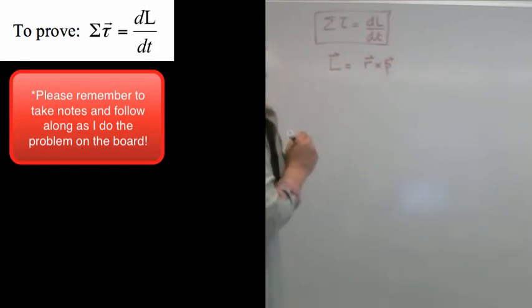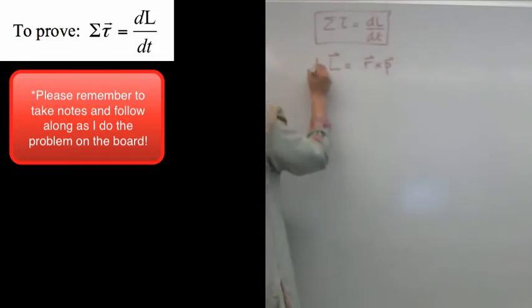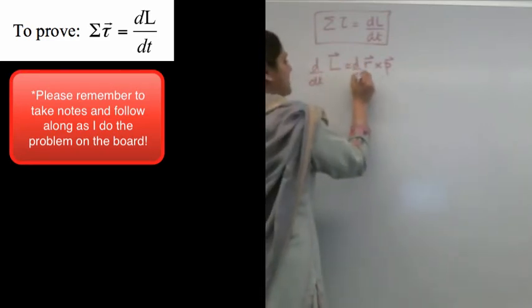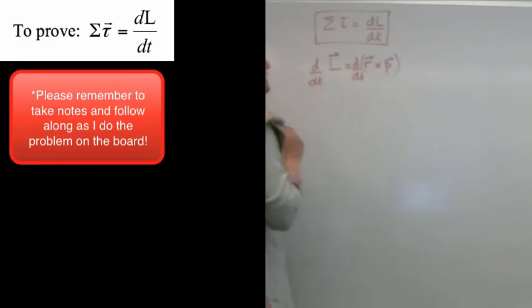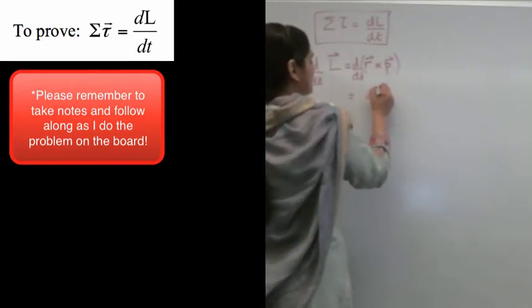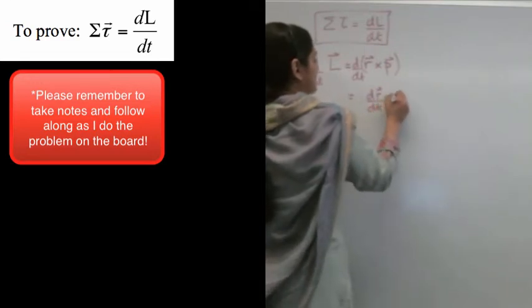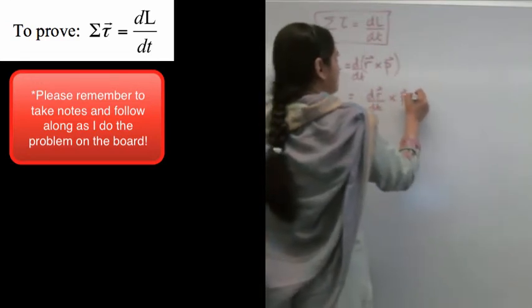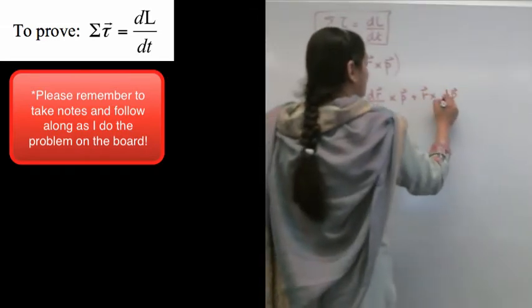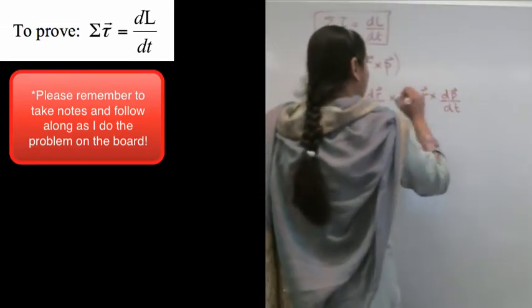Now, in order to find dL over dt, I am going to differentiate both sides with respect to t. So I'm going to have dr over dt cross p plus r cross dp over dt.